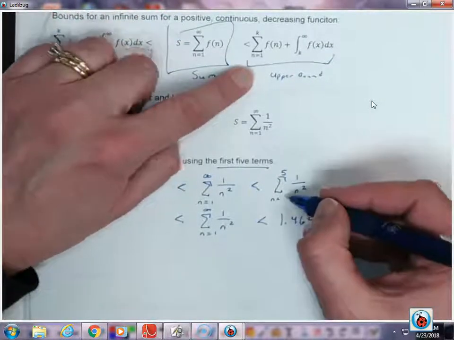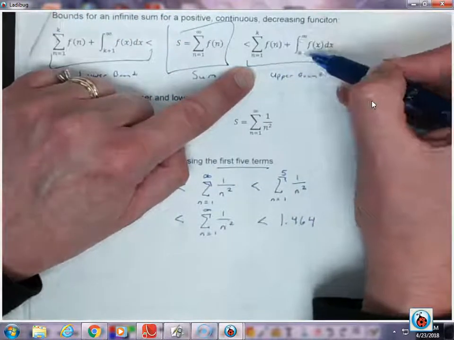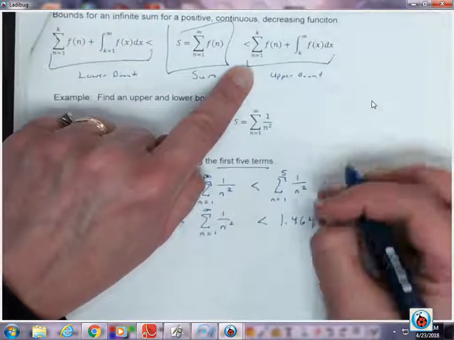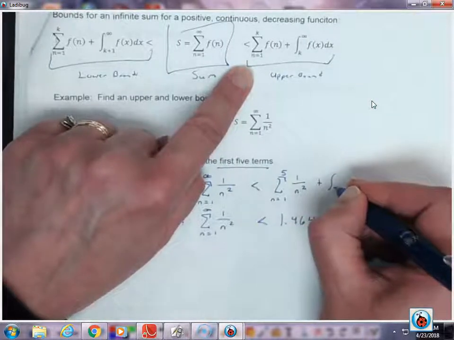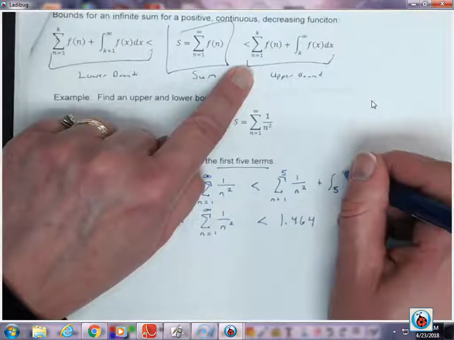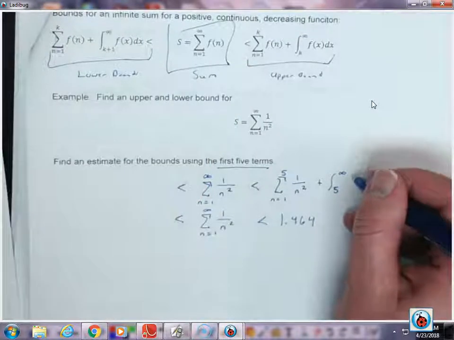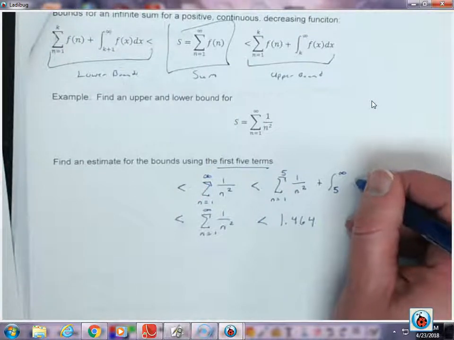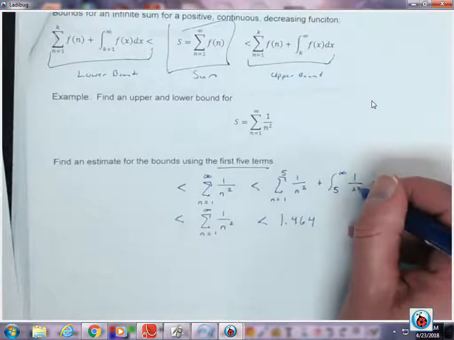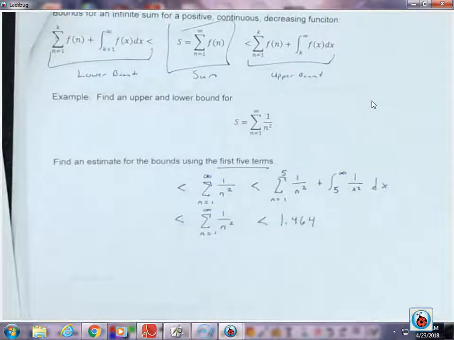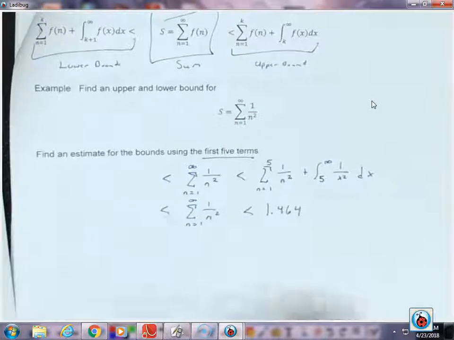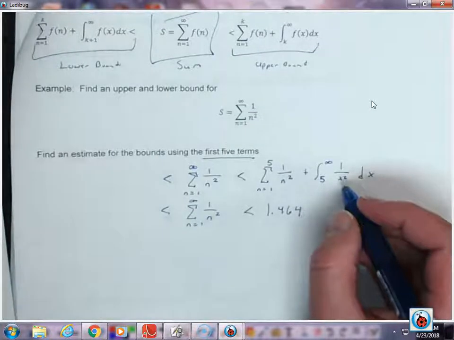So if you look at your upper bound, you're estimating it with 5, and so then your integral is going to be from 5 to infinity of 1 over x squared. Okay, and that's going to be what creates your upper bound. It's bound by that integral.